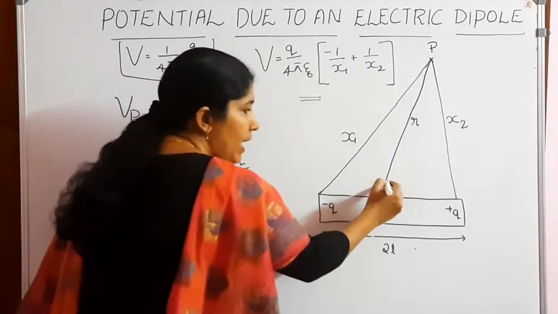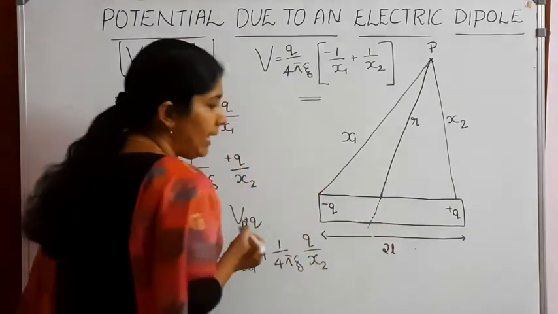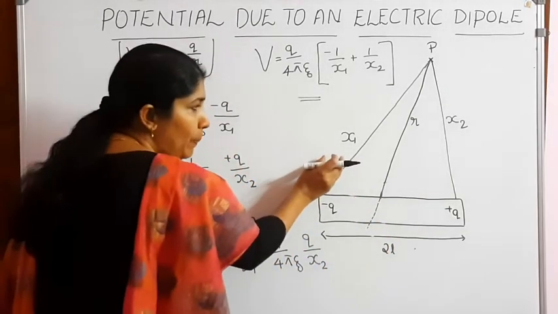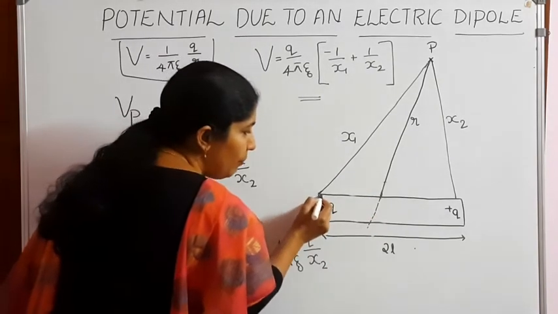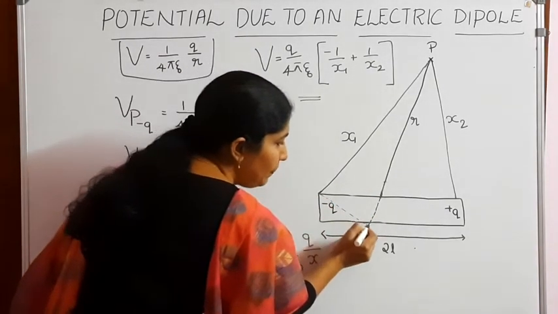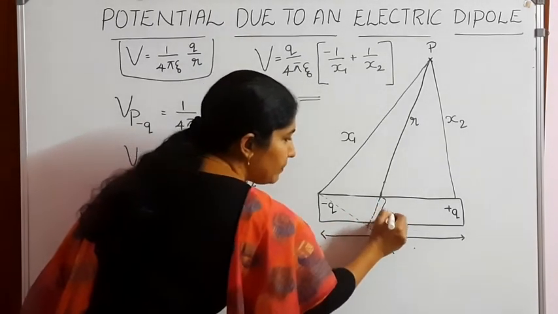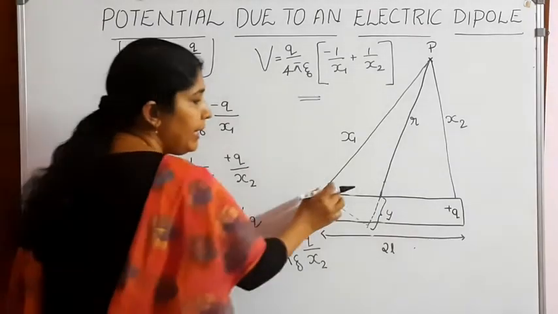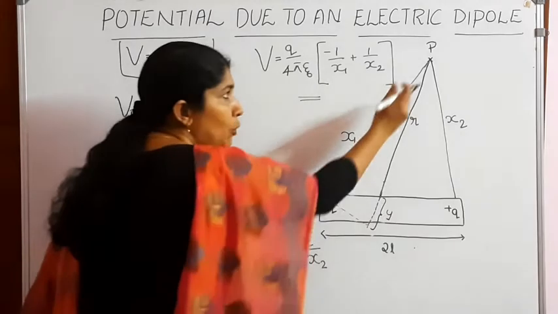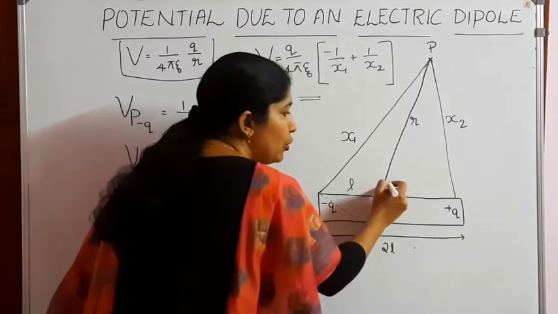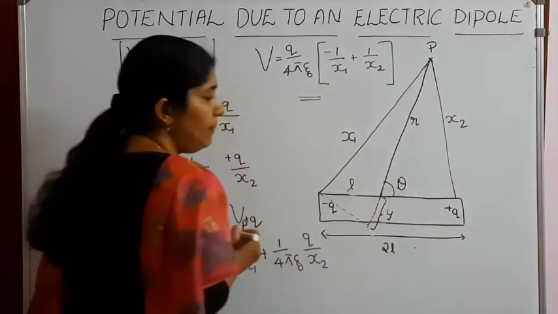For this, extend r like this. Then draw a perpendicular from x1 to this line, just like this. The extended length is taken as y. Here the half length of the dipole is taken as L. The angle of inclination to the point P from the dipole is taken as theta.